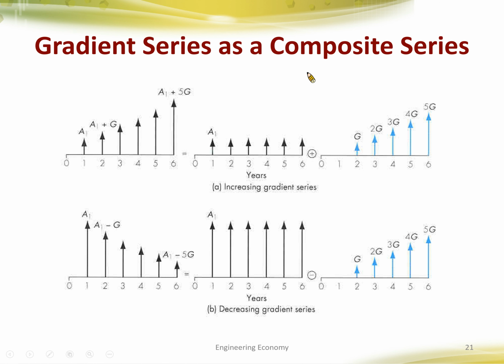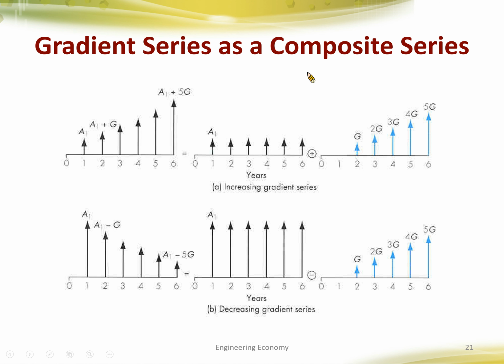For the decreasing gradient series that we saw on the lower part of this page, again we see this decreasing situation, which doesn't apply to the case we saw on the previous slide, but we can also divide it into two series.